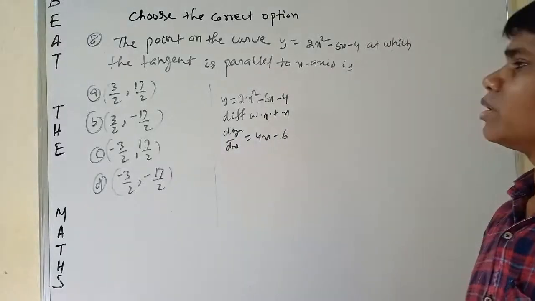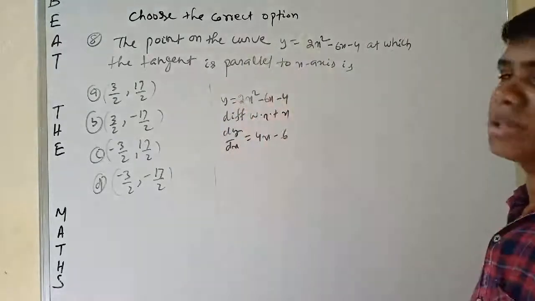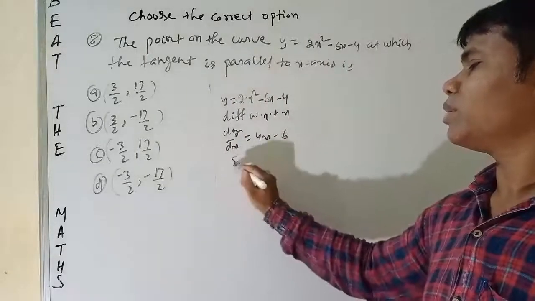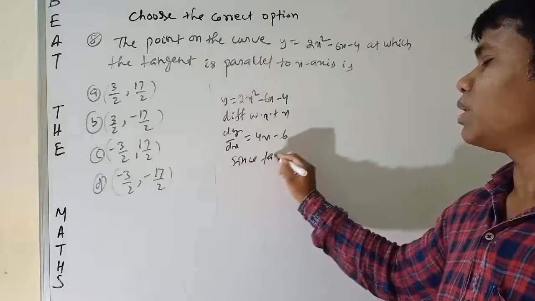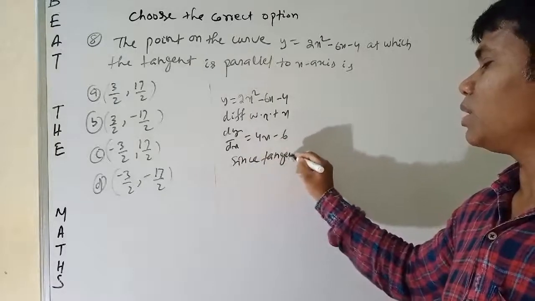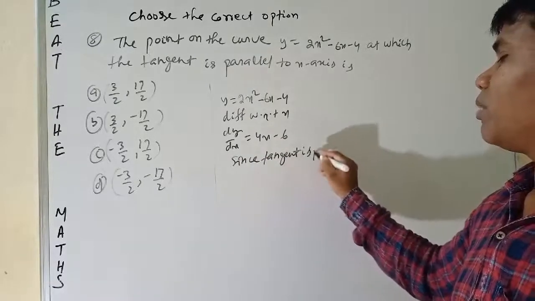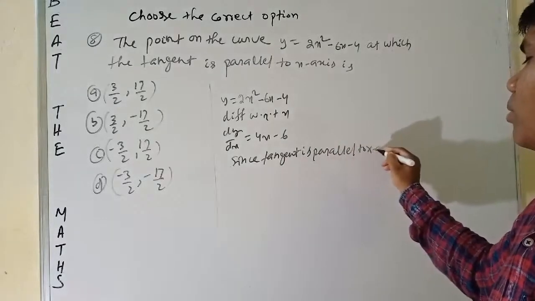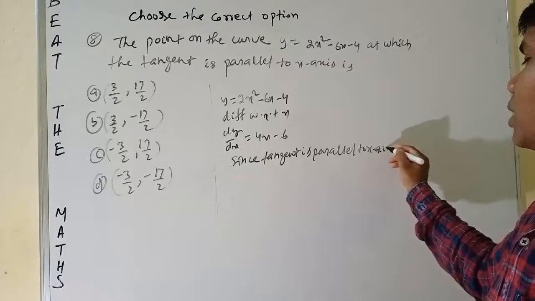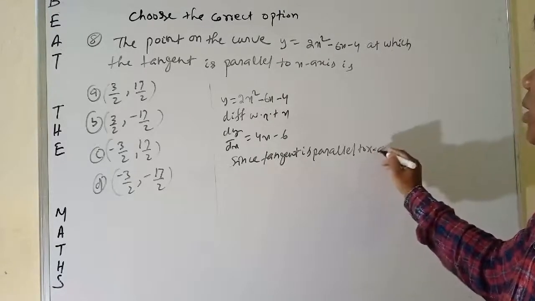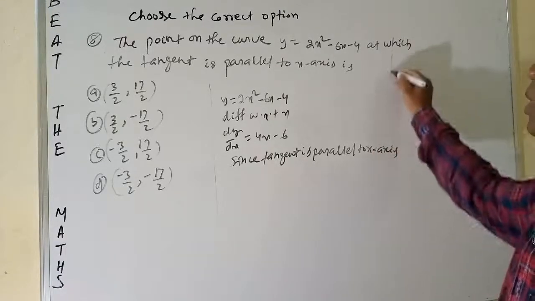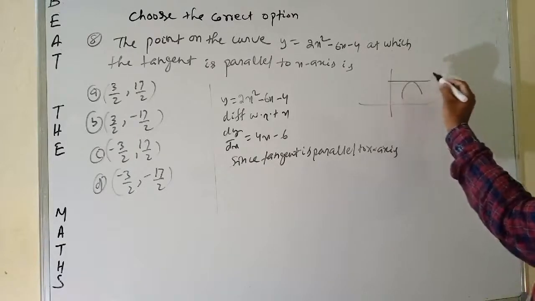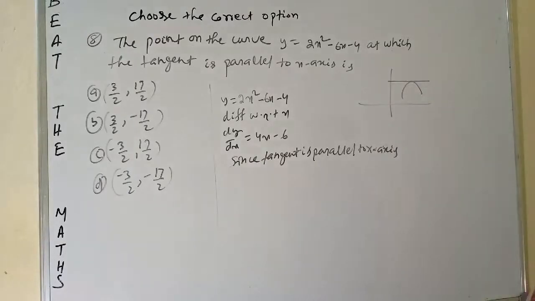Okay, you see, tangent is parallel to x-axis. That is dy by dx is equal to 0. Since tangent is parallel to x-axis, you see, suppose the curve is this, this is the tangent parallel to x-axis.